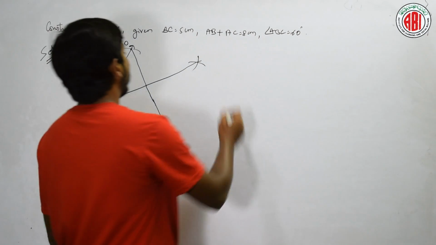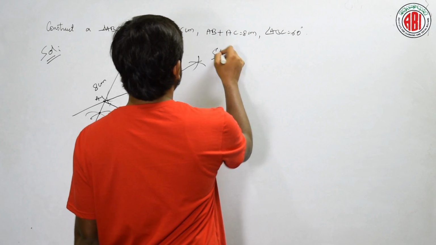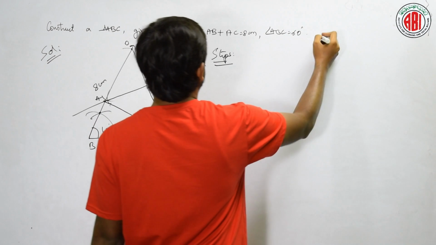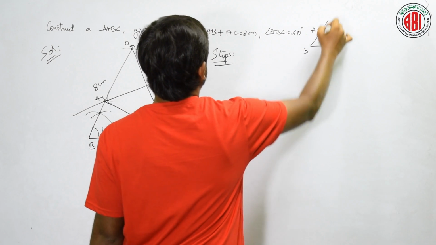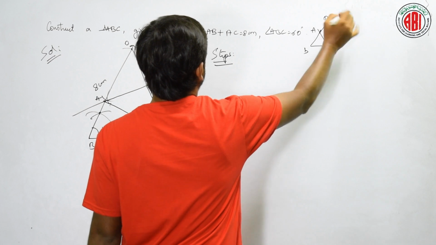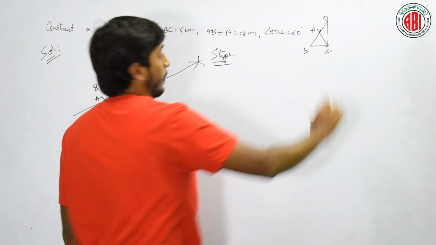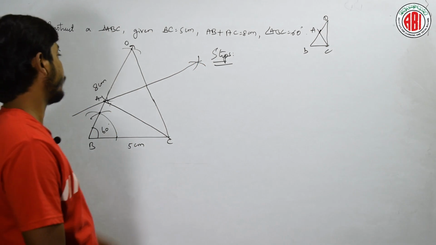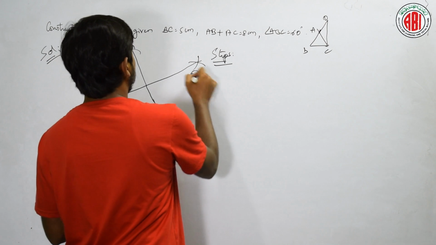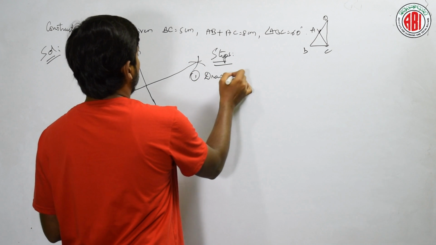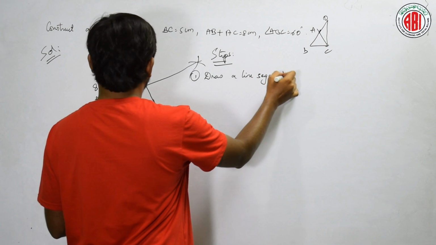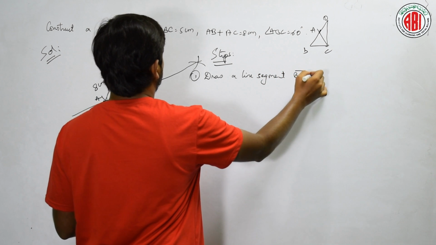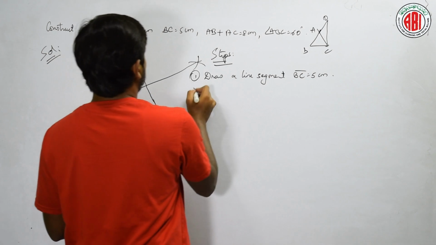Now, write the steps. Before that you can draw a triangle like this, A, B, C, so that AB plus AC is like this. This is some point O. Now, see here. Steps. First step, draw a line segment BC equal to 5 centimeters.